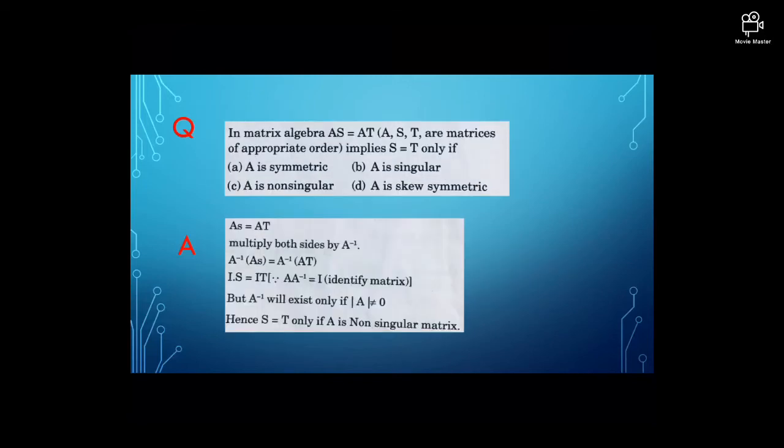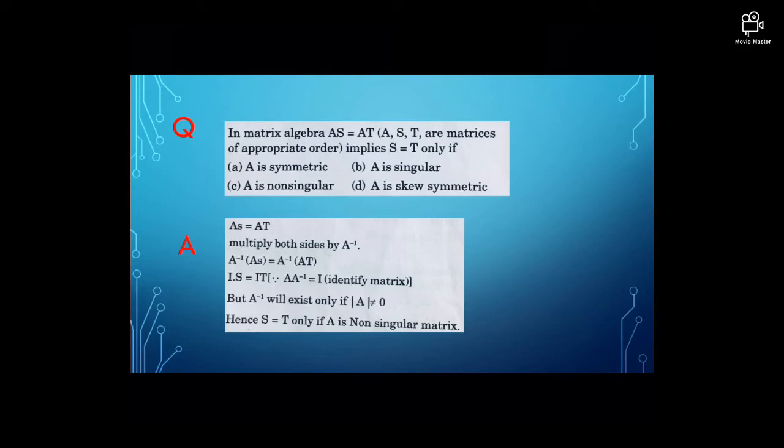In matrix algebra, AS is equal to AT, where A, S, T are matrices of appropriate order, implies S is equal to T only if what? So we have to conclude what kind of matrix A is from the given conditions. So we know AS is equal to AT. So just multiply both sides by A inverse, like pre-multiplication. So A inverse into AS is equal to A inverse into A into T. So we know A inverse into A is what?